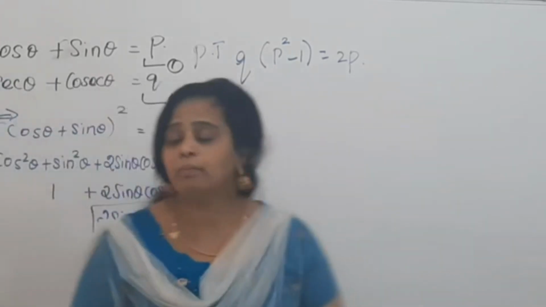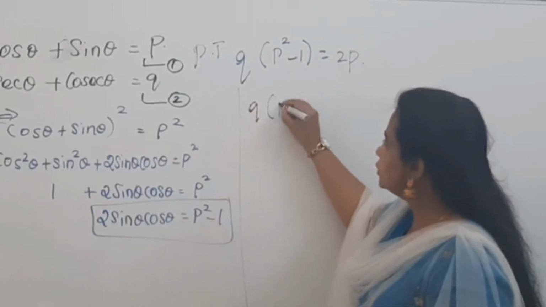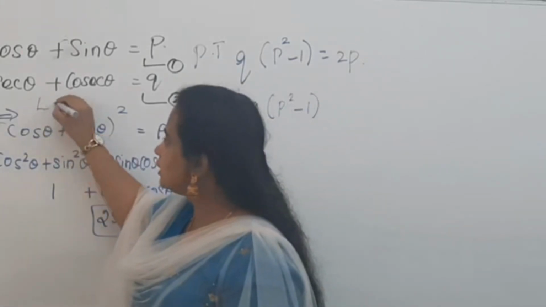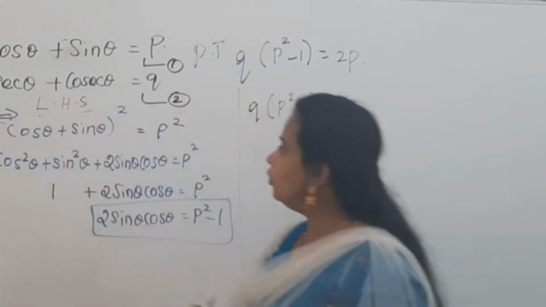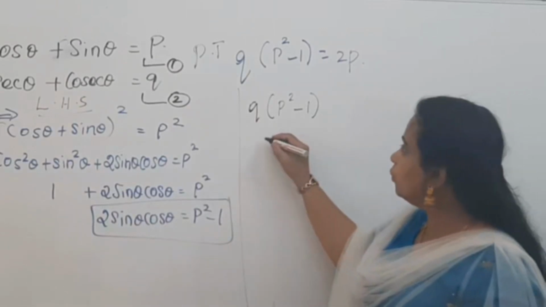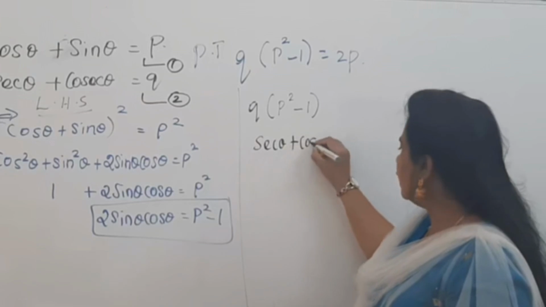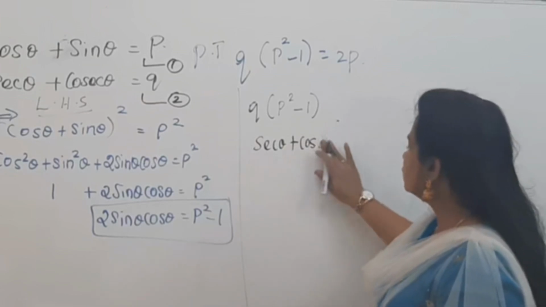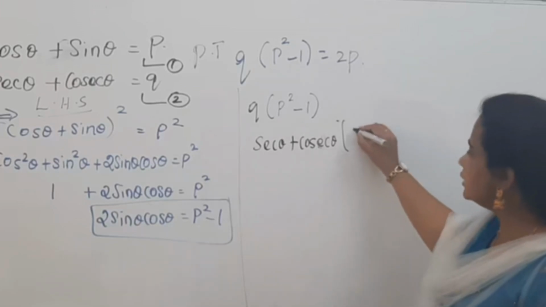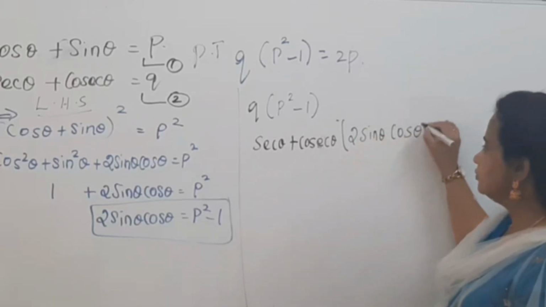Next, I am going to multiply this. That is the next one, Q into P square minus 1 I am going to find. So this is my LHS I am doing right now. So this is Q into P square minus 1. So Q is what? That is sec theta plus cosec theta into P square minus 1 is nothing but 2 into sine theta cos theta.